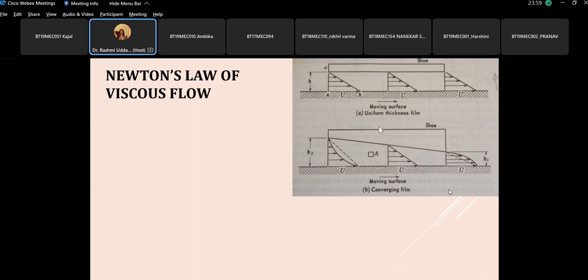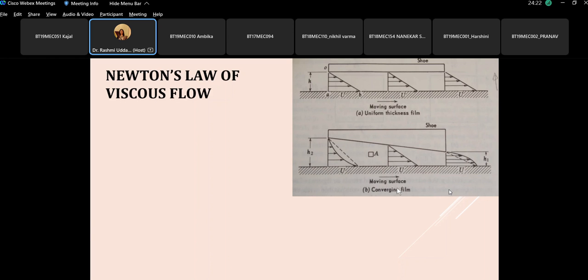Sorry, here the figure is reversed. This is the shoe and this is the moving surface. So this shoe is fixed. Here the velocity is 0 and here it has the maximum velocity u. And this is how the velocity increases with distance from the fixed surface to the moving surface.